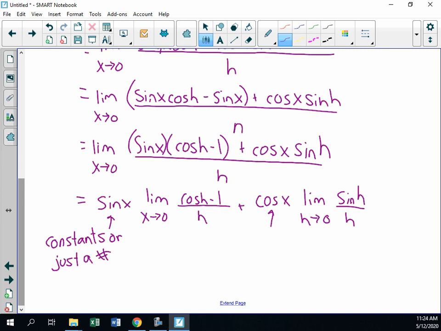But now we're evaluating stuff from 7.1. We know that this one had a value of 0, and this one we said has a value of 1 for our limits.